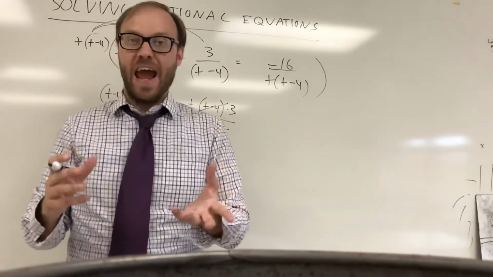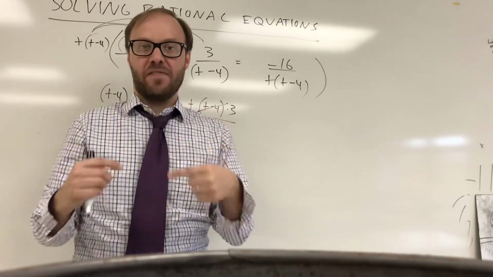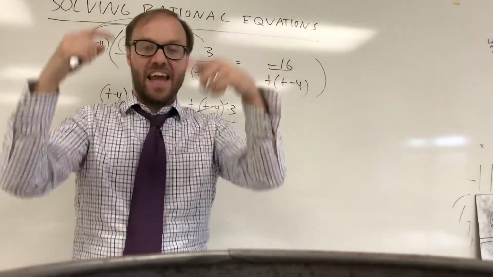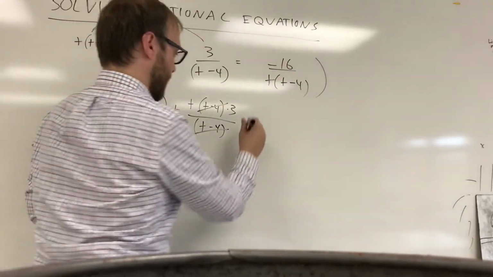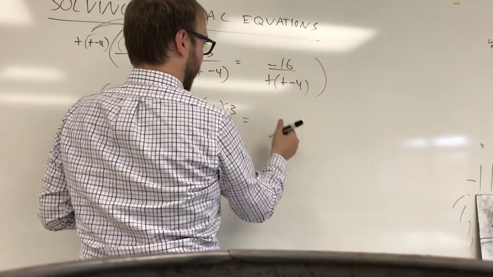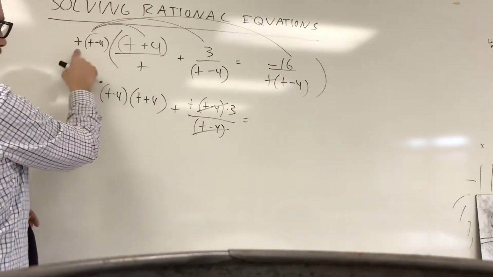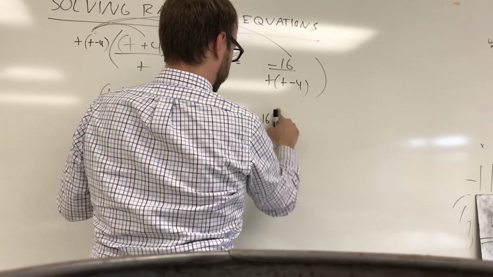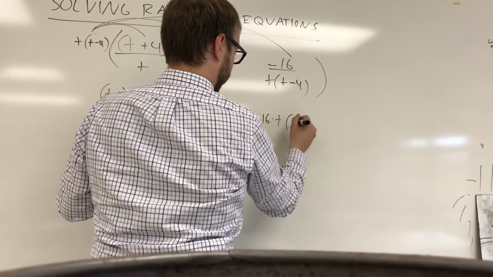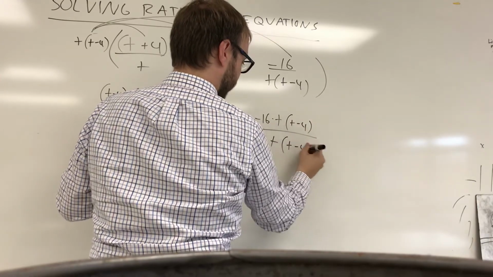Okay? Because what's going to happen is, by multiplying by that common denominator, every one of those denominator values is going to divide into that, and they're going to cancel, and you're going to be left with no denominators, is the whole concept. Okay? So over here, if negative 16 is also multiplied by t times the quantity t minus 4, you're going to have negative 16 times t times the quantity t minus 4, and then of course you've got t times the quantity t minus 4 on the bottom.